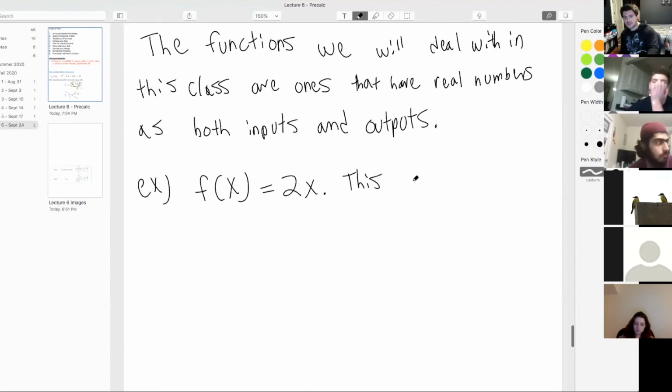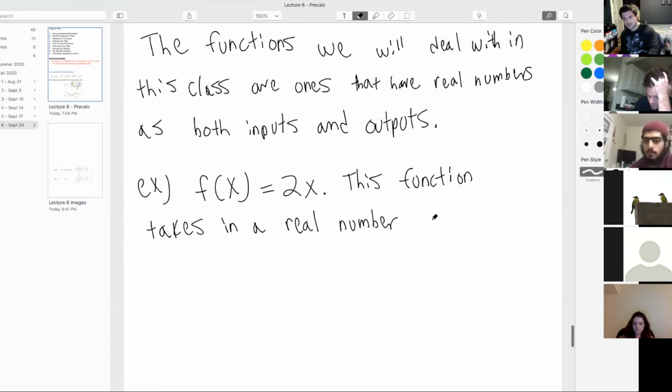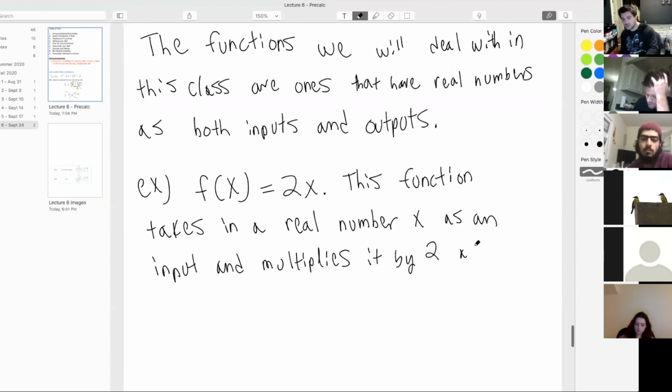So this function takes in a real number x as an input and multiplies it by 2 as an output.